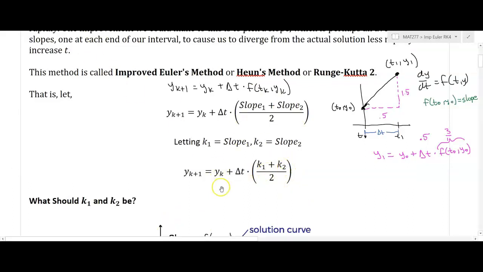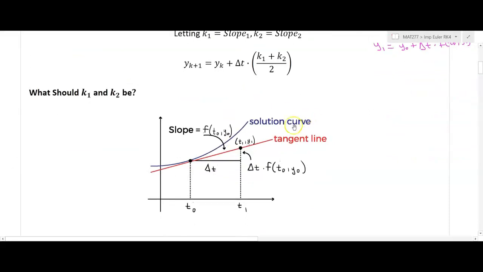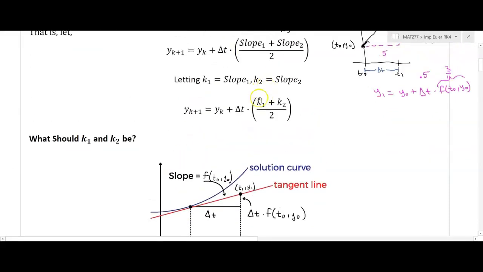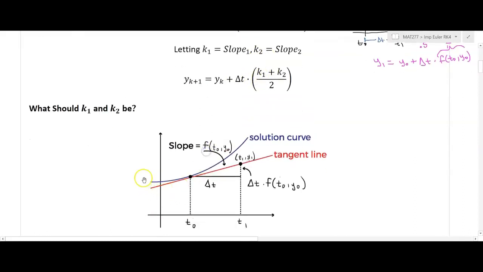We'll prove soon that this should be true, but let's suppose that our k1 is just going to be the same slope as it was previously. Here's the actual solution curve. If you take the derivative of the solution function, you get the differential equation that you started with.